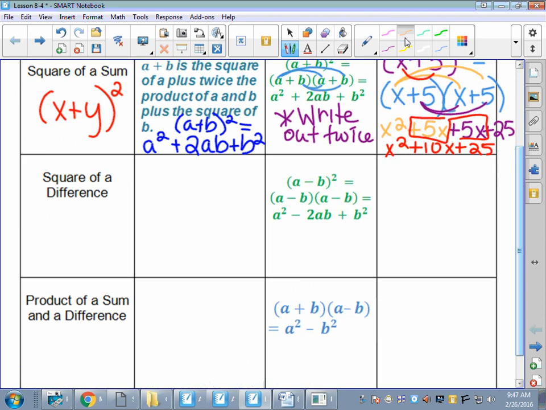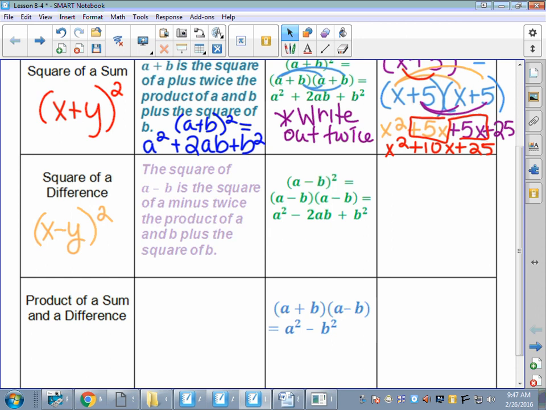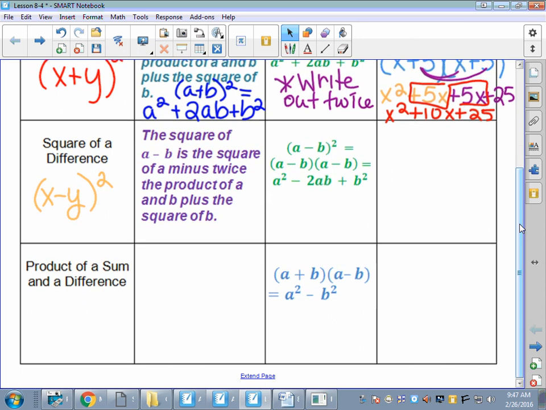Same with square of a difference. So in other words, we've got a difference like x minus y, and we're squaring that quantity. So in words, the square of a minus b, just like this example right here, is equal to the square of a, so there's a squared, minus twice the product of a and b.